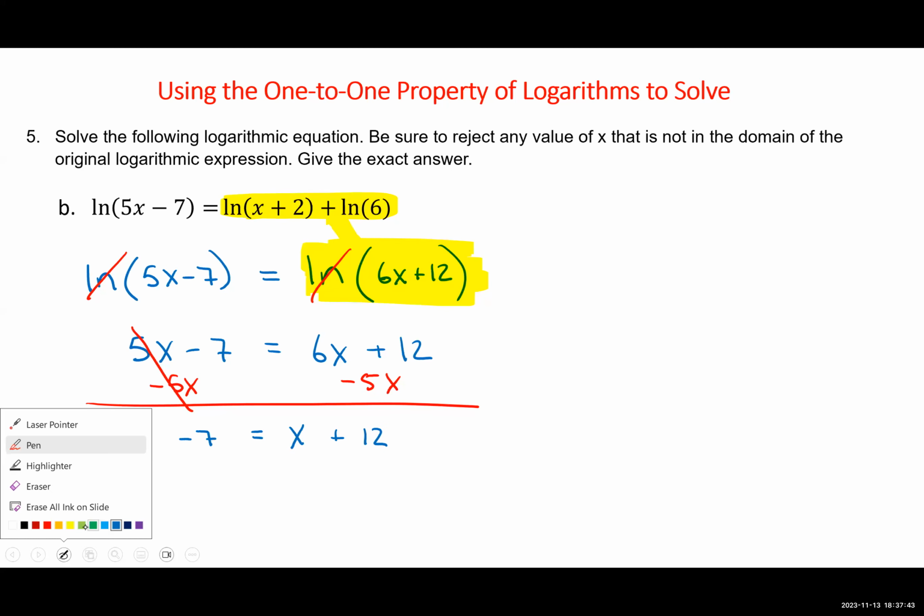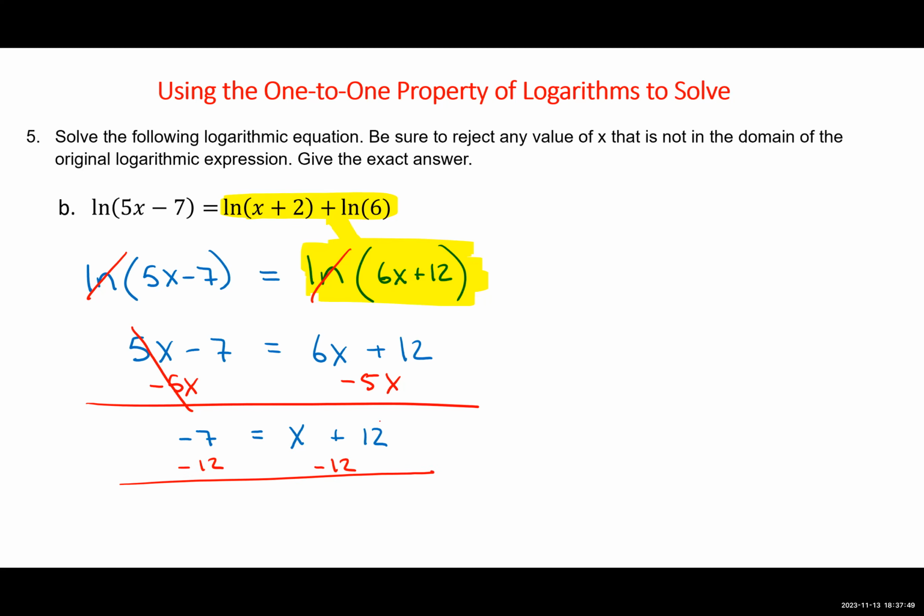One more step to solve for x, minus 12 from both sides. 12s cancel. And we get negative 19 is equal to x. Take out my green pen, circle it.